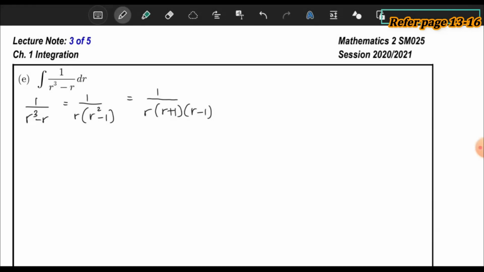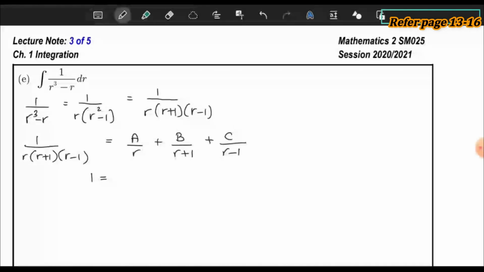Okay, so now we proceed to partial fraction. We have 1/(r(r + 1)(r − 1)) equal to a/r plus b/(r + 1) plus c/(r − 1).